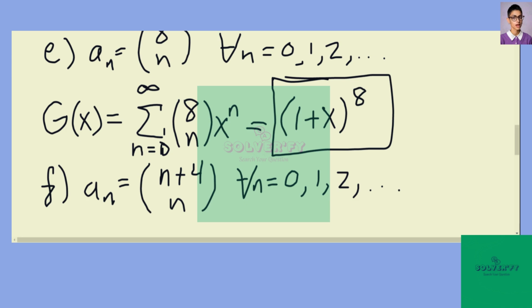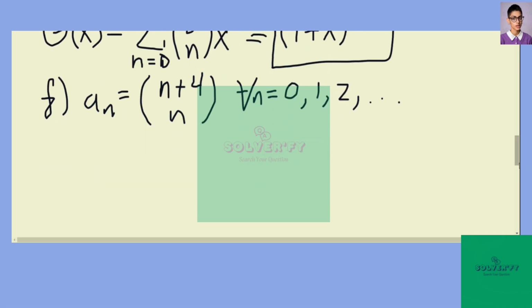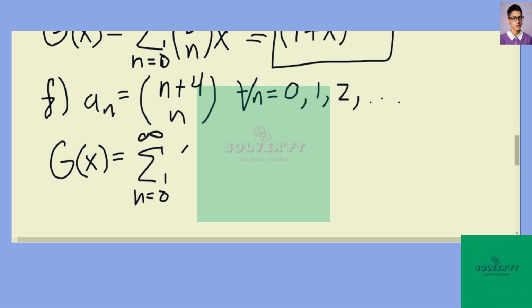And by definition, the generating series for this sequence g of x is equal to the sum from n equals 0 to infinity of n plus 4 choose n times x to the n.